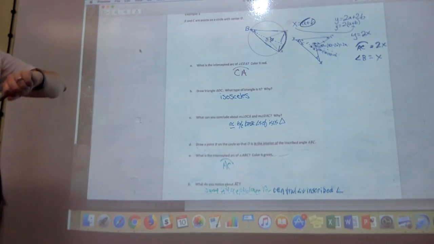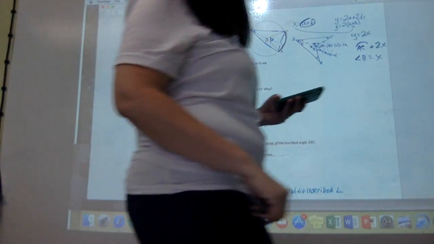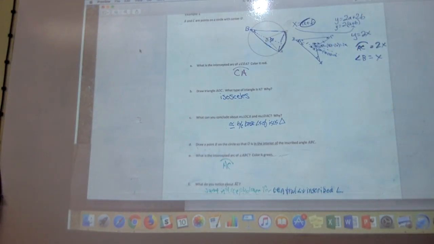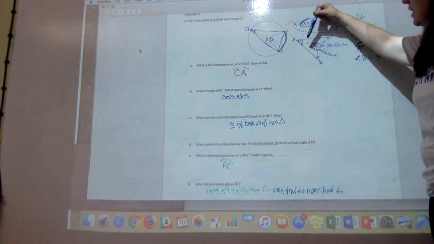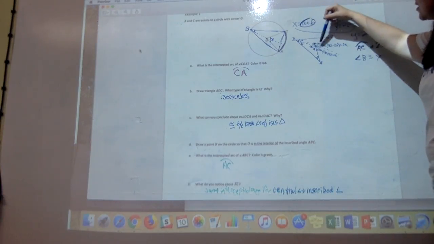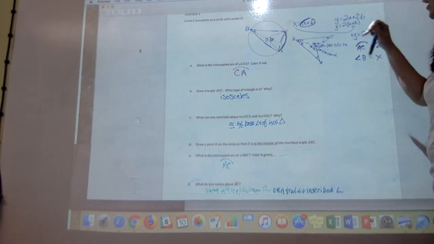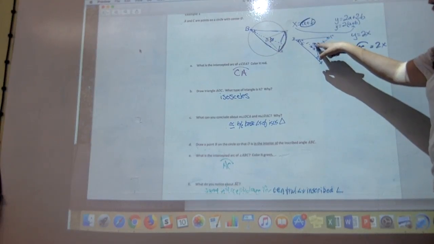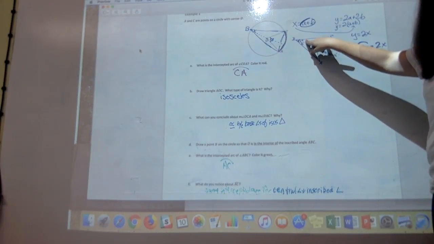There it is. I want to trade you chalk. So it's just going through. We divide it into two triangles. So it's saying these two are the same because all three of these add up to 180. This is 180 minus these two, right?